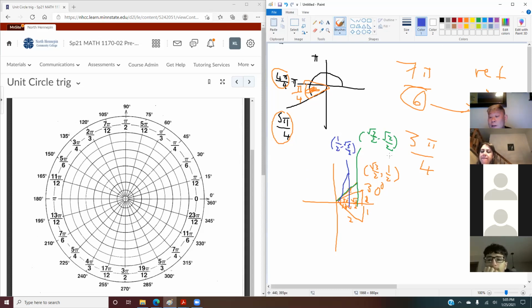What is going on here is that, as you remember, sine is y over r. And since the radius is all 1, the r is redundant. So sine theta in this case is y, and cosine theta in this case is x.